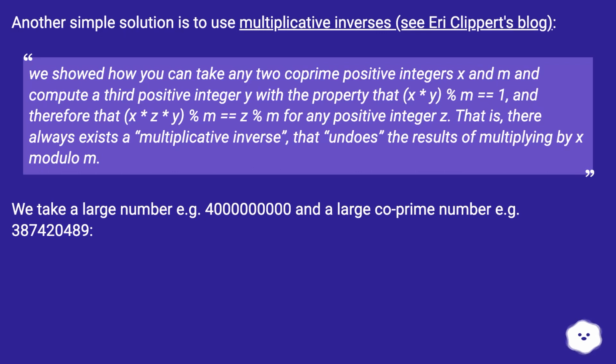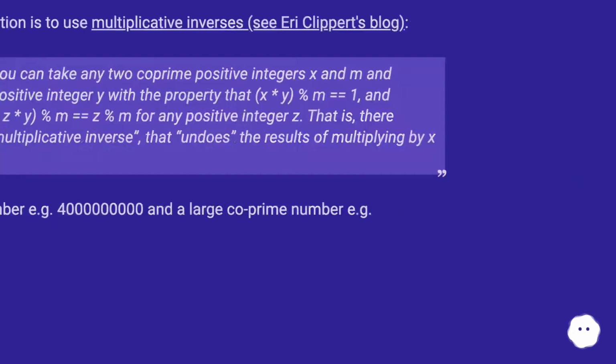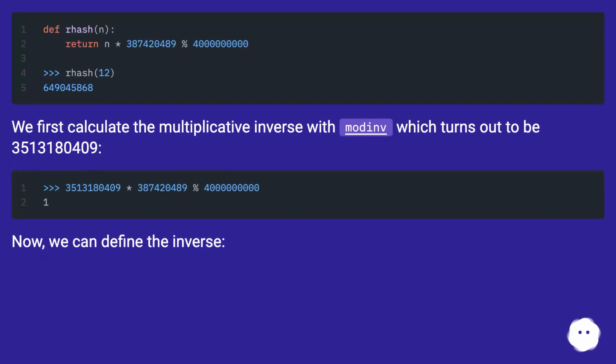We take a large number, for example 4 billion, and a large coprime number, for example 387,420,489. We first calculate the multiplicative inverse with modinv, which turns out to be 3,513,180,409. Now, we can define the inverse.